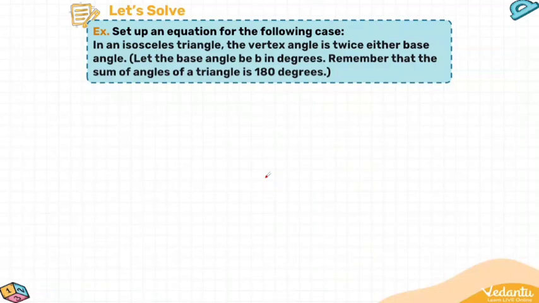Let's have another question. Set up an equation for the following case. In an isosceles triangle, the vertex angle is twice either base angle. Let the base angle be B in degrees, so we have to use the letter B. Remember that the sum of the angles of a triangle is 180 degrees.